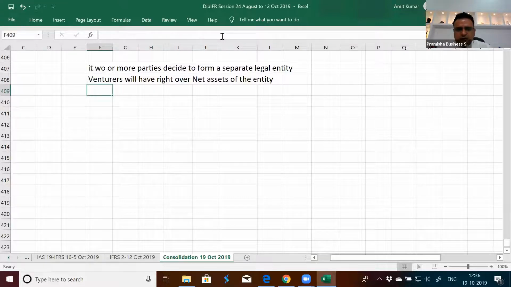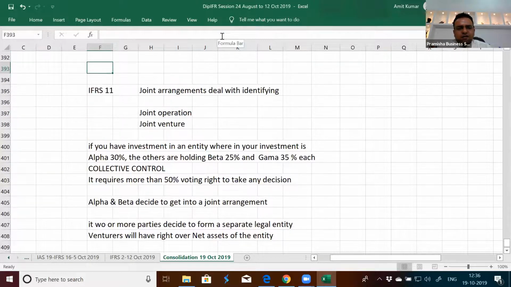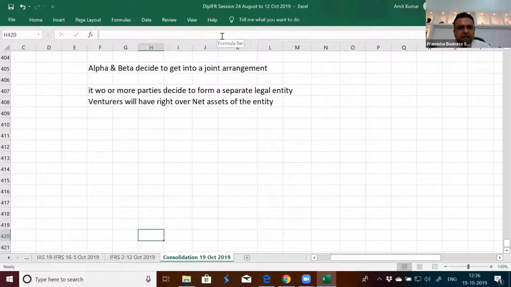In case of a joint operation, if one party bought the machine, when the work is over, they can take back their machine. One party bought material, if there is any material left, they can take back their material. Whatever they are providing as part of the operation, they are owners of that component. But in case of a joint venture, the entity is the owner.